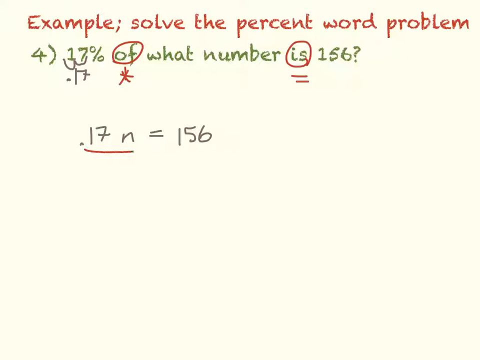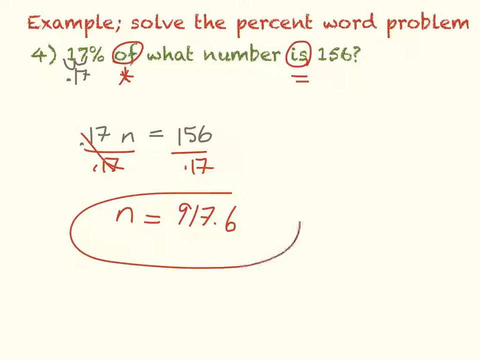So then I'm going to divide by 0.17, and I have N equals 917.6 if you round it off. So that would be your final answer.